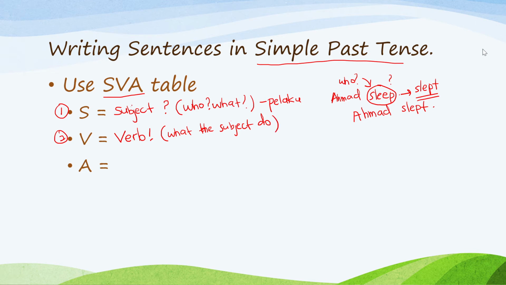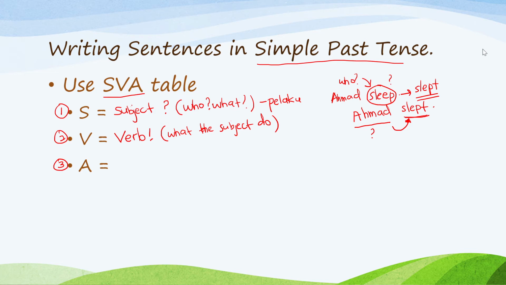Apa yang subjek buat. Seperti contoh di sini. Ini adalah subjek. Apa yang subjek buat? Subjek tidur. So, tidur is the verb. Alright? Very good. Now, the last one.